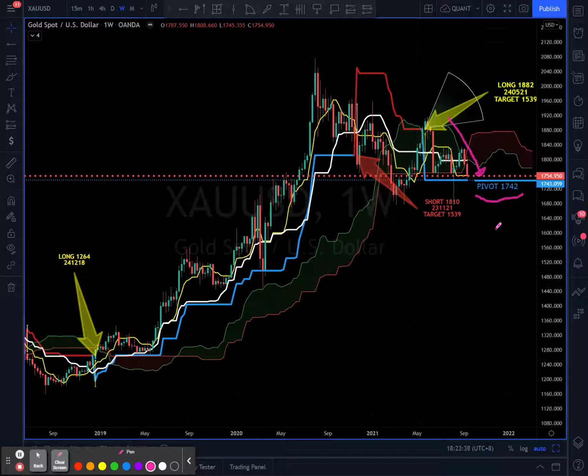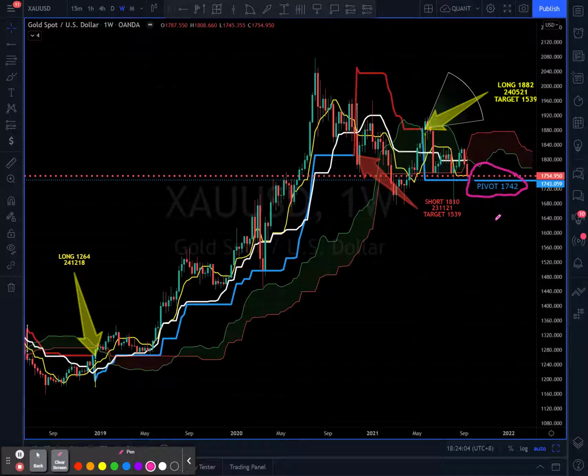I'll call this very critical because if we break that 1742 super trend line, we will have effectively broken the uptrend and start a new downtrend right here below the Ichimoku cloud line. All right. So I repeat, this particular level, the pivot at 1742 is critical.